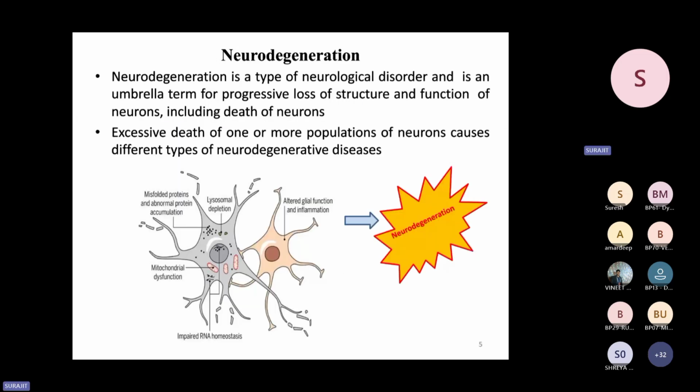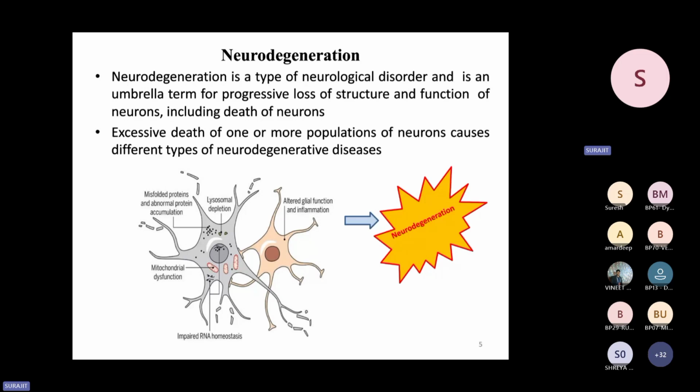So what is neurodegenerative disorder? Briefly, we can say that neurodegenerative disorder is an umbrella term for neurological disorders associated with the progressive loss of structure and function of the neurons, including the death of the neurons. And we all know that once a neuron dies, it will not regenerate in an entire lifetime.